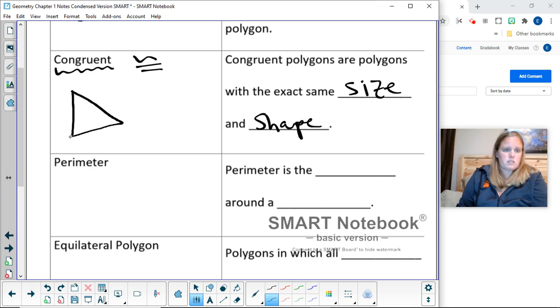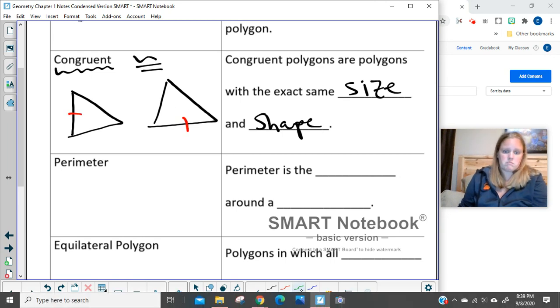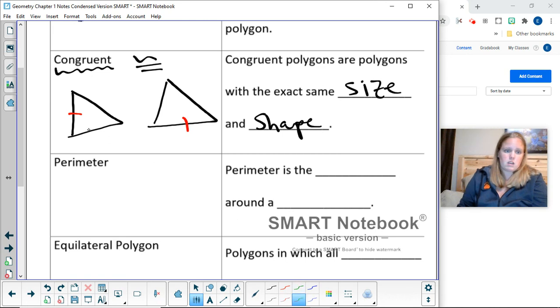Maybe I'll do a triangle this time. I've got two triangles. Now to show that they are congruent, I have to know that all of their parts match up perfectly. So maybe this side is the same length as this one. And this side here is the same length as this one. And this side over here in blue is the same as this one.